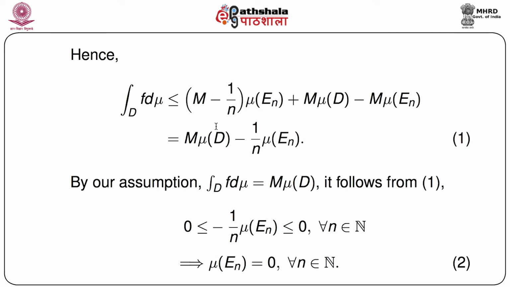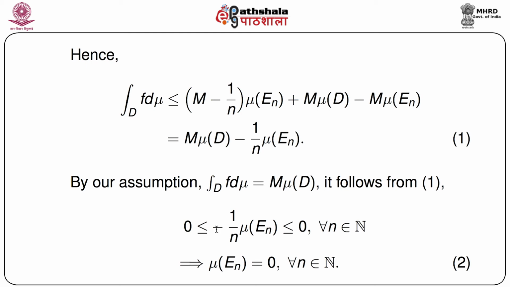But by our assumption, there is a given condition that the integral over D of f dμ equals M times μ(D). Hence, we have the integral over D of f dμ less than or equal to M μ(D) minus (1/n) μ(E_n).